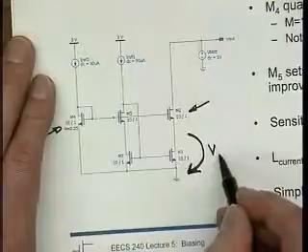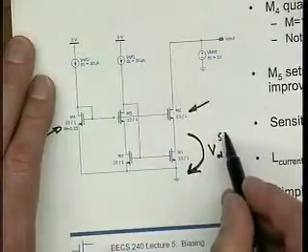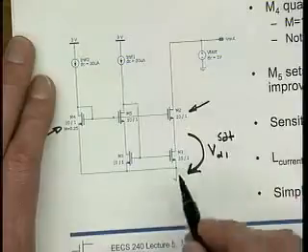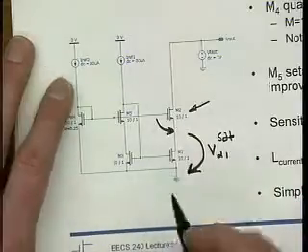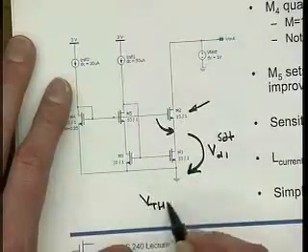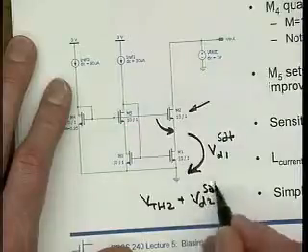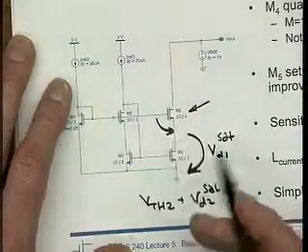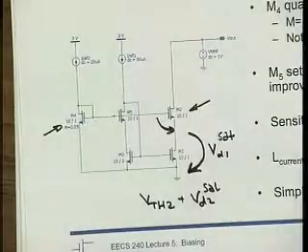Then the voltage that we want here is 1 VD1 sat. And here we would have VGS2, and this VGS2 would be equal to VTH2 plus VD2 sat. And this VD2 sat, if both transistors are the same size, would be just equal to VD1 sat.